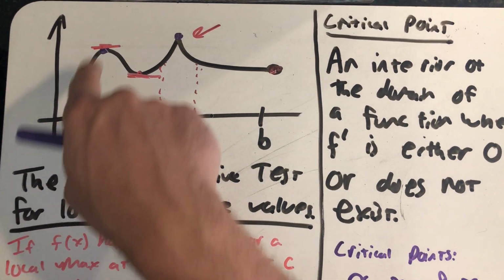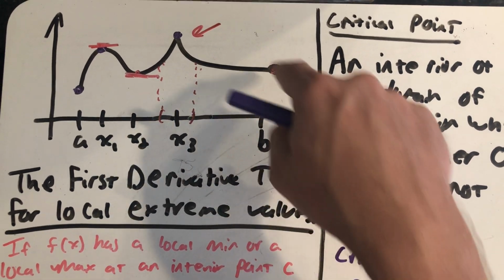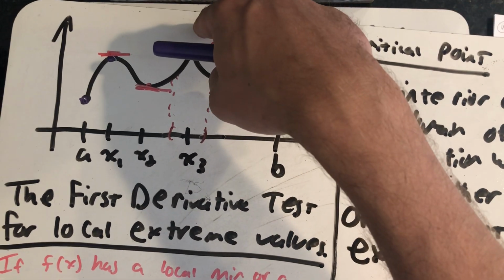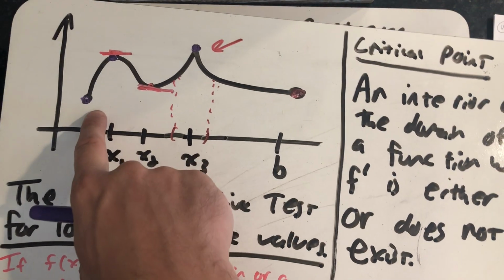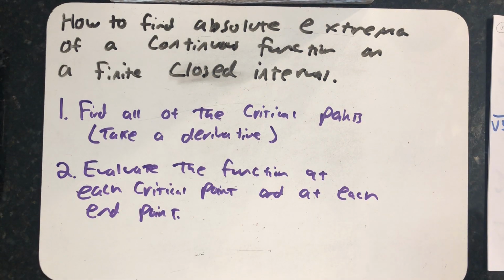Well, if I think about that, that's just a list of numbers. And the biggest one will be my absolute max, and the smallest one will be my absolute min.